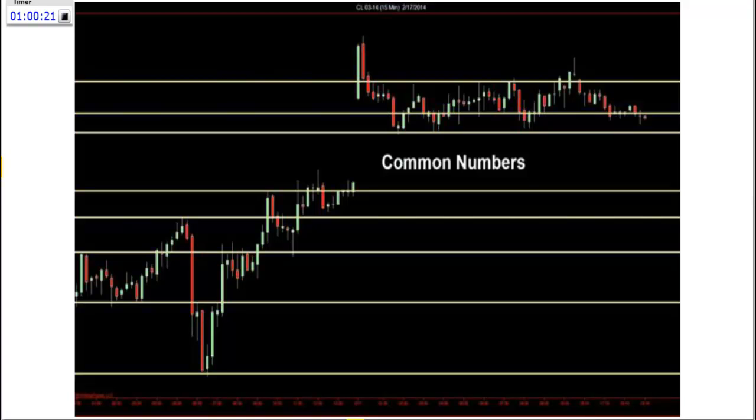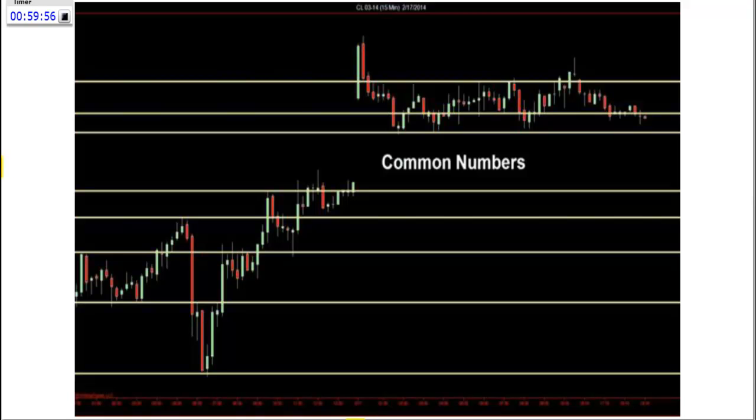Common numbers are really nothing more than numbers that the market seems to exhibit a sensitivity to, where the market repeats, hitting a high at this number for a repeated period of time, or it has opened at this particular price or closed at this particular price. It's just a number that tends to be common.